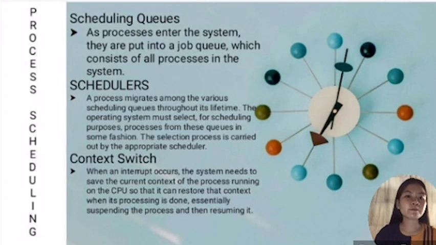Schedulers. A process migrates among the various scheduling queues throughout its lifetime. The scheduler selects processes from these queues in some fashion, so the selection process is carried out by the appropriate scheduler.